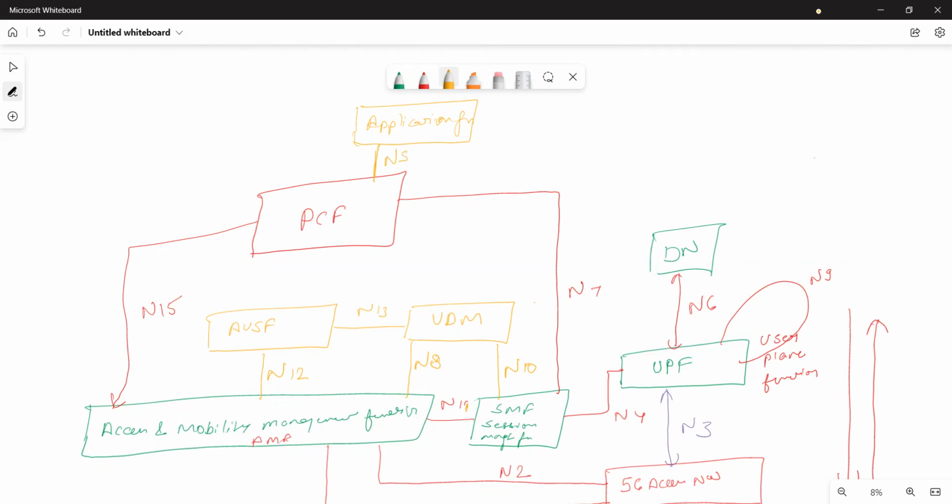I guess this is N5, as this is the N5 interface. And we have one more thing here that is connected to our access mobility management function, that is your NSSF.